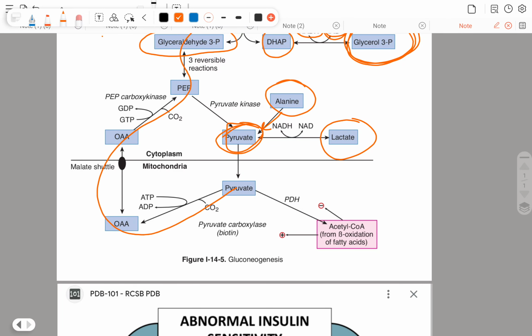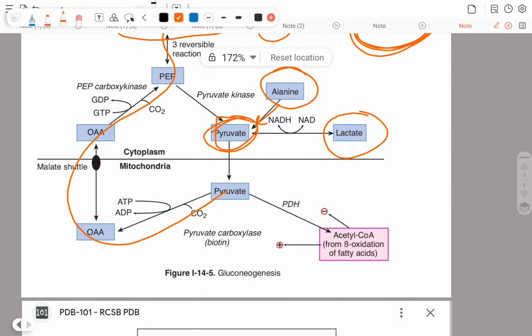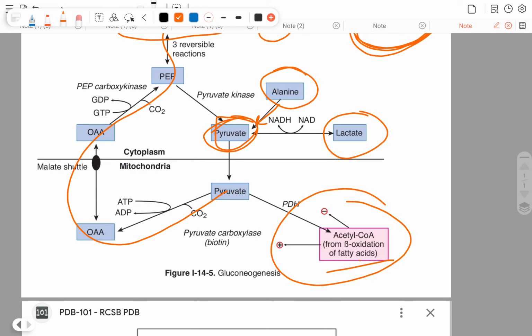And you can ask that we use glycerol 3-phosphate for gluconeogenesis, and where do we spend the 3 fatty acids? Without any doubt, I can say that we can use the acetyl-CoA from the beta oxidation of the fatty acids for getting the energy for the gluconeogenesis.